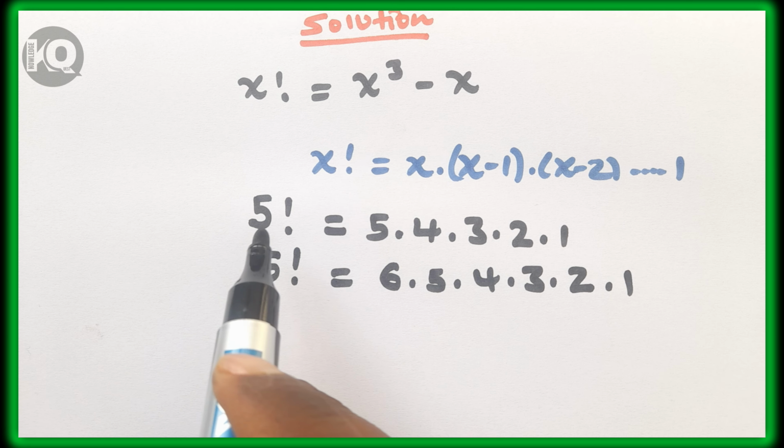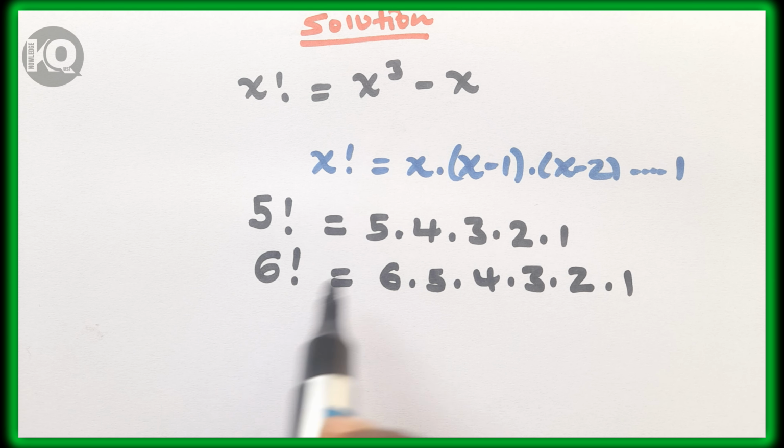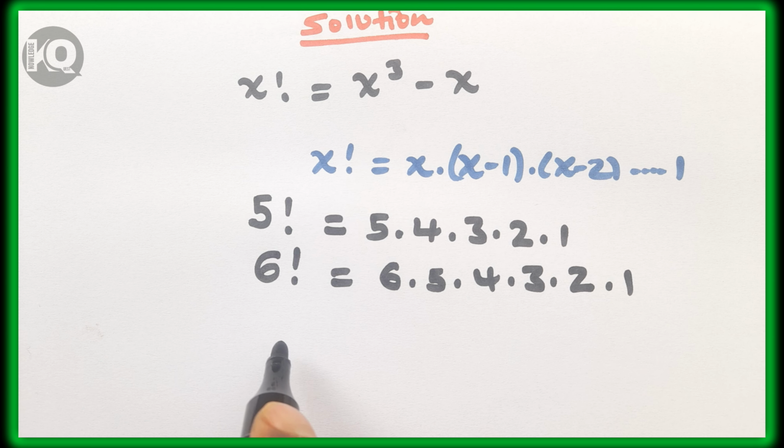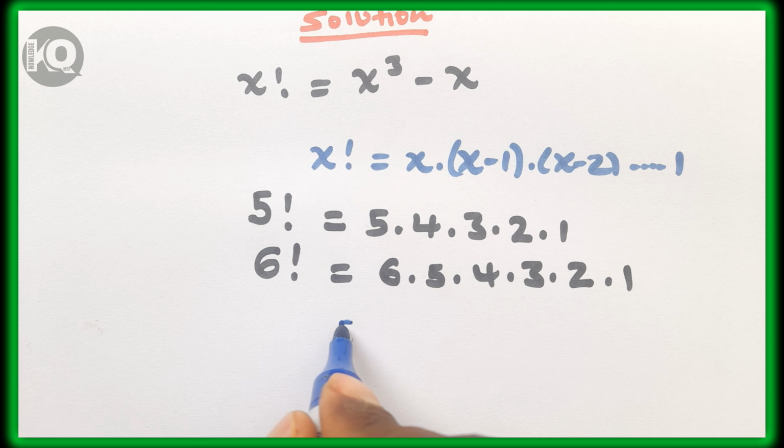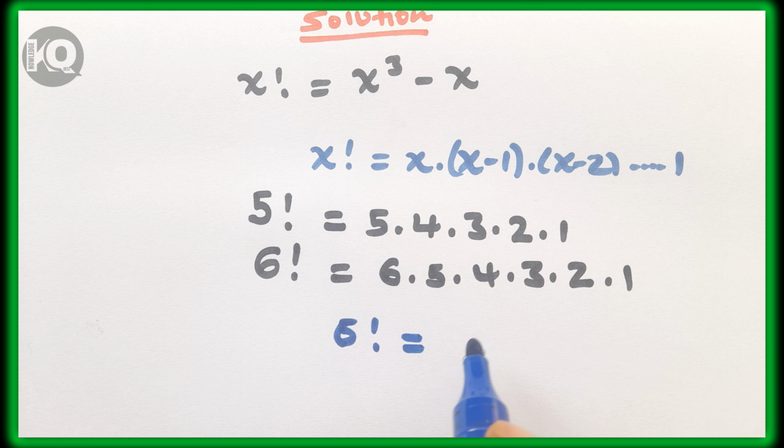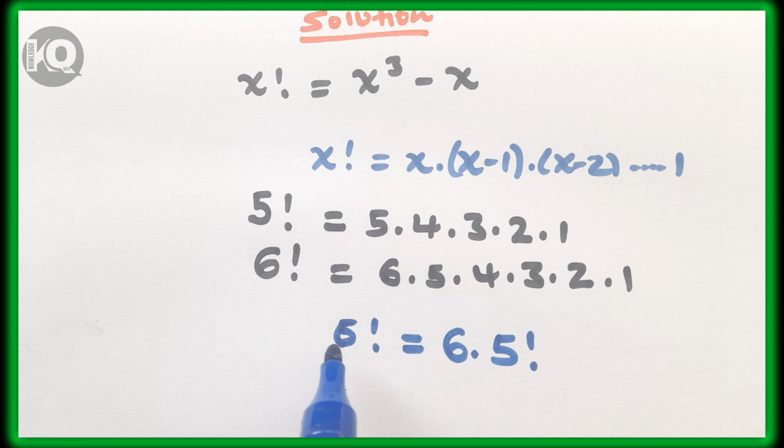From here, 5 factorial and 6 factorial differ by 6. So 6 factorial is equal to 6 times 5 factorial.